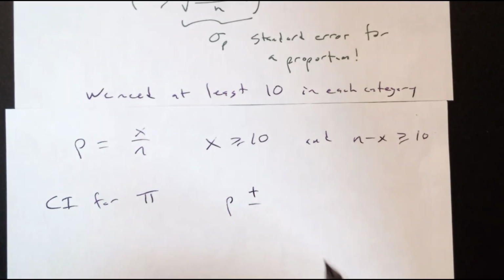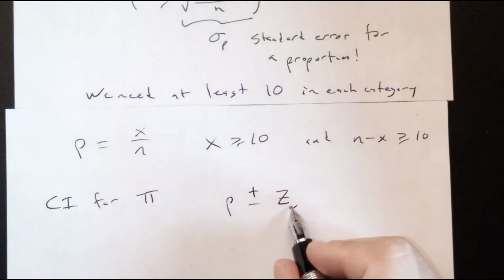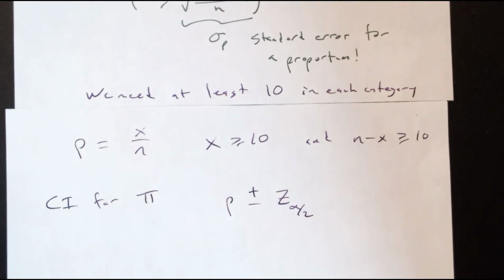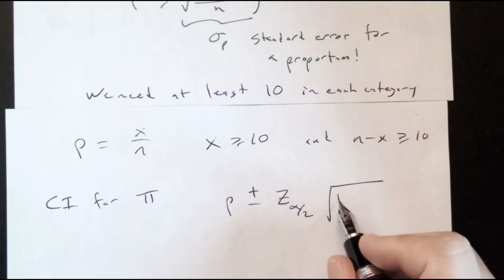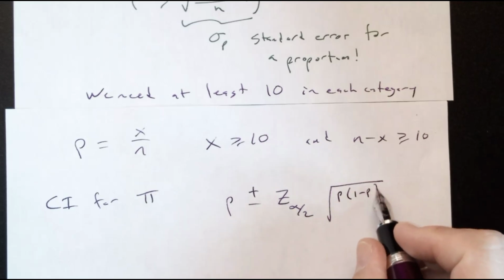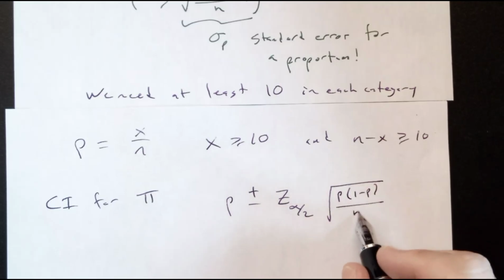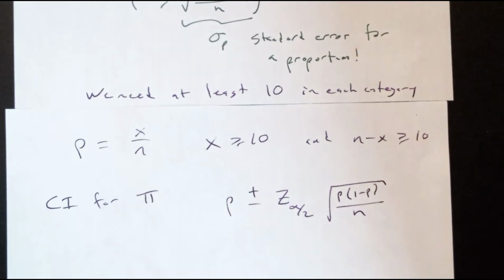The margin of error this time uses a z-score, not a t-score, because I've got my normal behavior. And then I multiply by my standard error. You'll notice this time I used p instead of pi, because this is the idea that I'm working with the information from my sample.